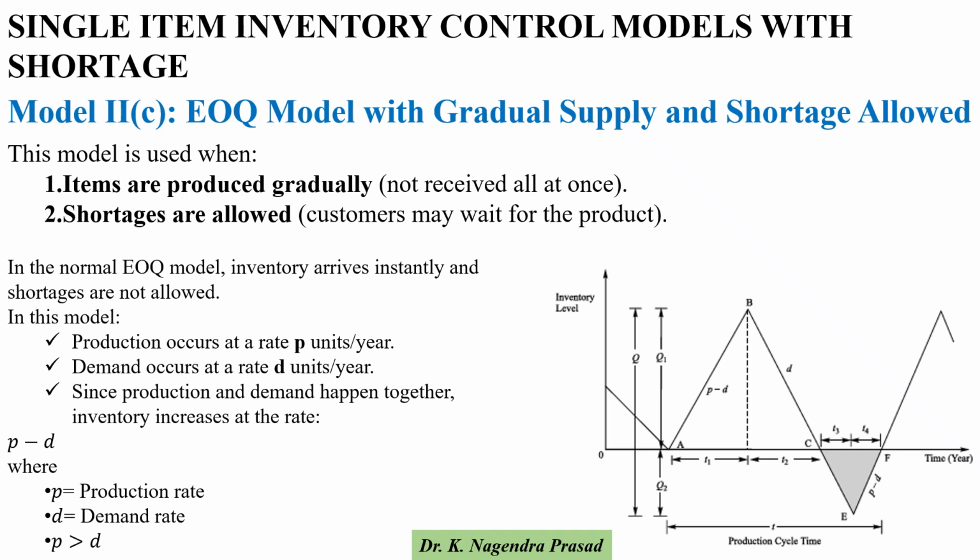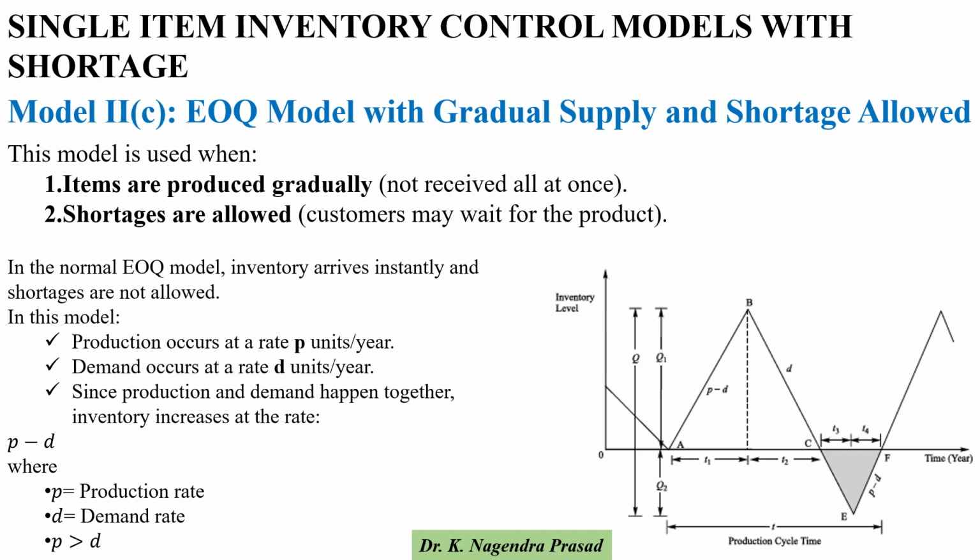In this model, let's observe the figure. Here inventory Q1 does not arrive instantly; it arrives gradually at the rate of P minus D at the time of T1. In this model, production occurs at a rate of P units per year and demand at a rate of D units per year.